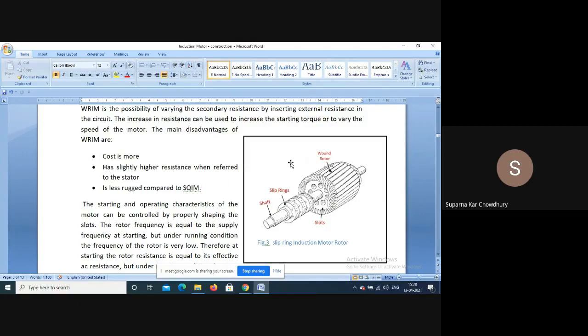So it is possible to have a pole changing motor, while for a slip ring motor we cannot. For pole changing, the speed change is always discrete, not continuous.